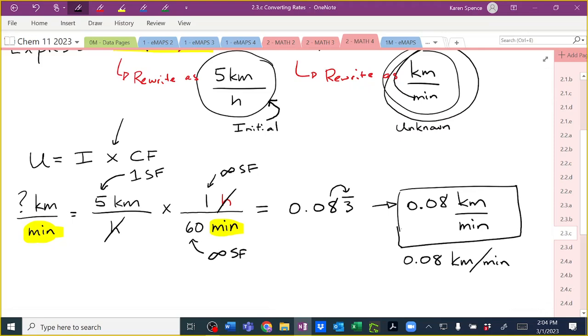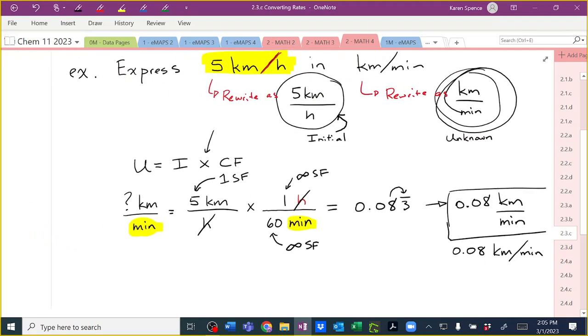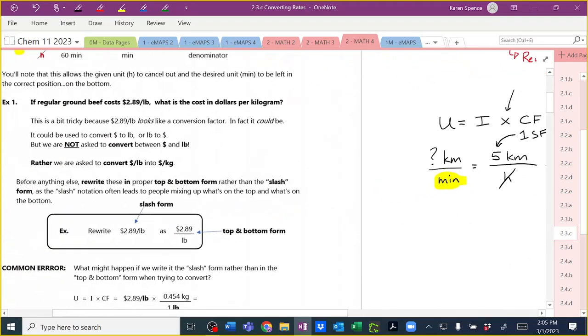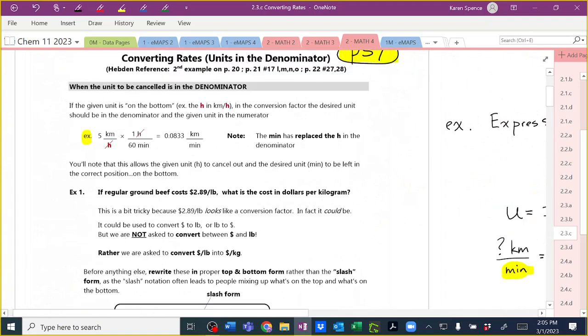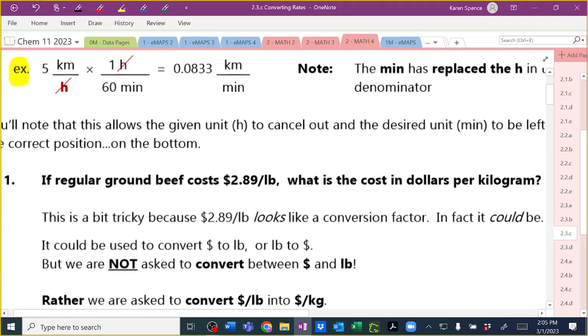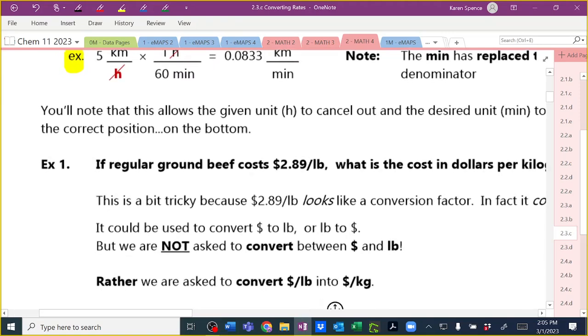Straightforward enough? Okay, I'm just going to work through one example to show you what happens if you don't rewrite. Here we have some regular beef, and it costs, this is from a long time ago, $2.89 per pound.